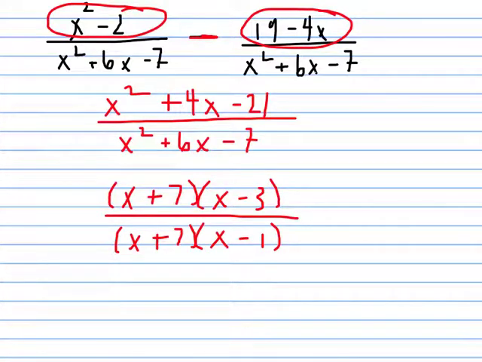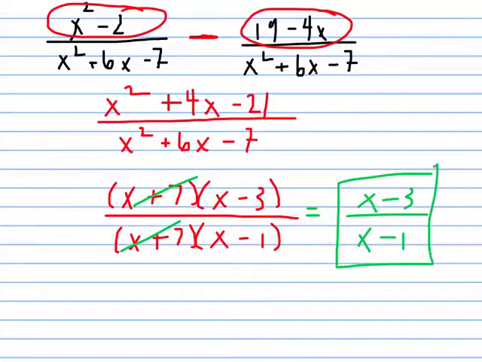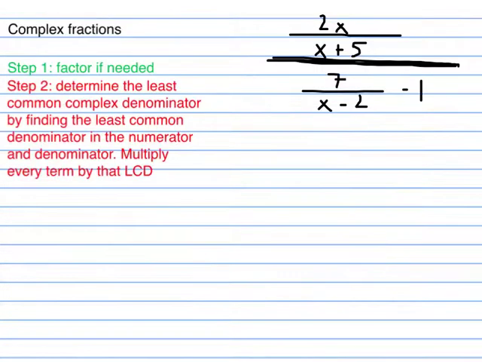So in this problem, we didn't have to do the hard part of finding a common denominator, but our final answer did factor. So I factored it to see what would happen, and it turns out the x plus 7s will cancel, and our final answer would be x minus 3 over x minus 1. Okay? So there's something a little fun and unique that you can see.